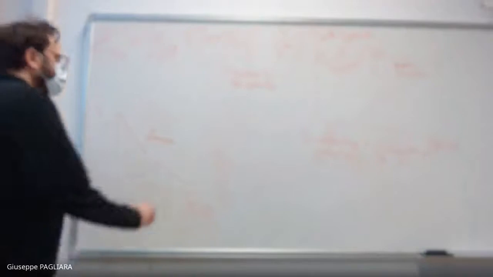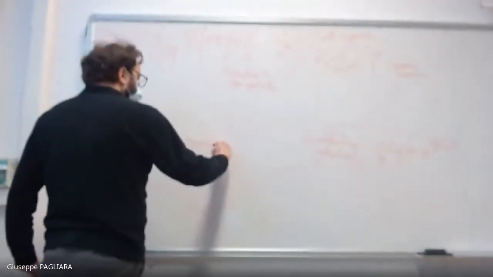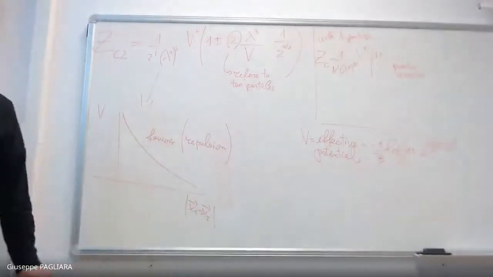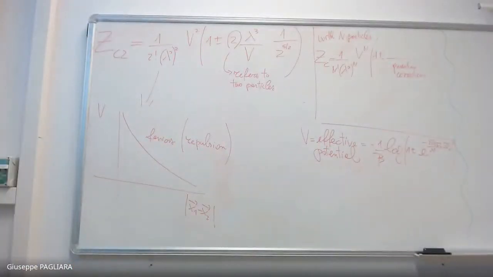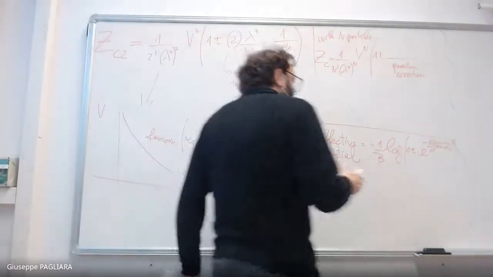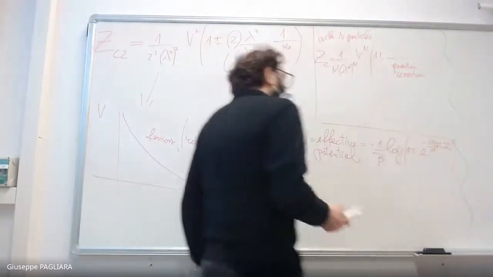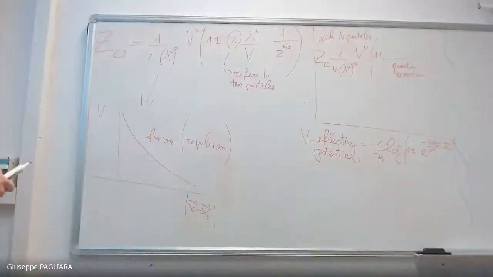Which is a repulsion. And it encodes the fact that fermions do not like to be together somehow. And this comes from the minus here. Let me try to make the plot.